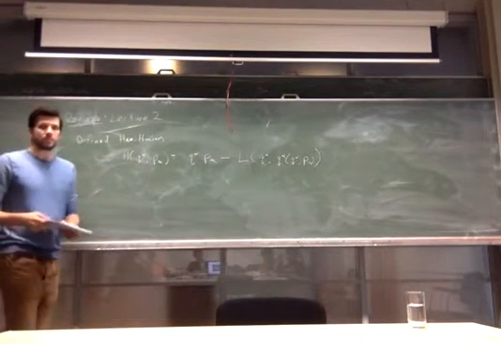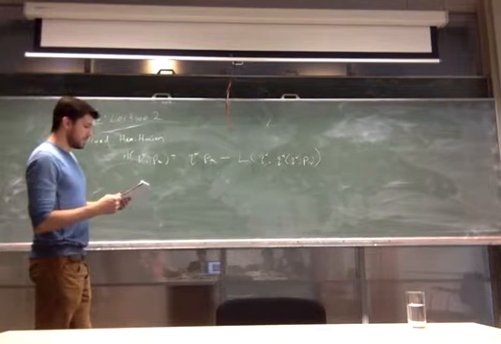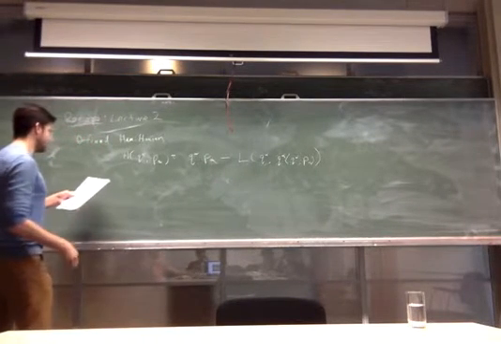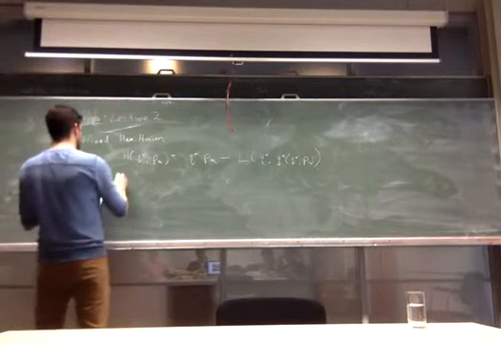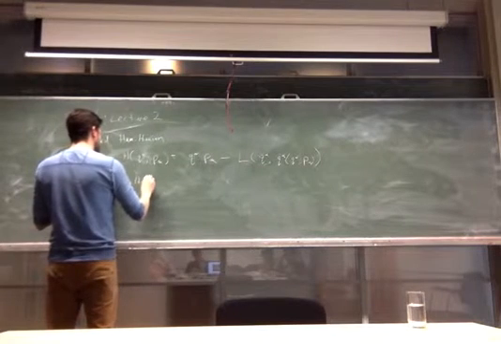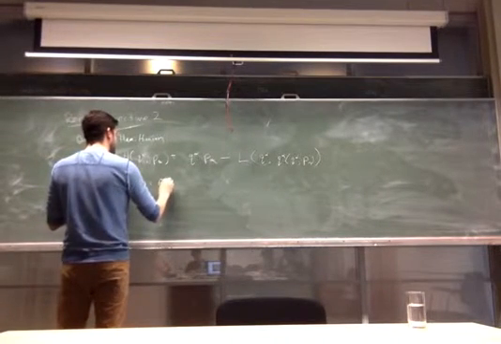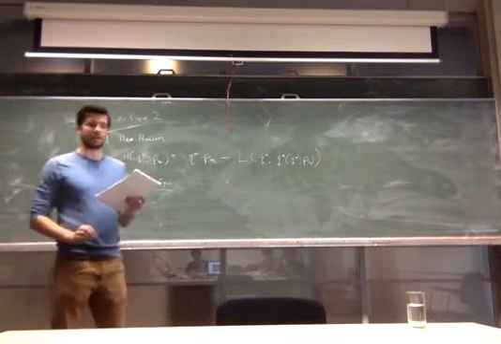Okay, so that's how we defined our Hamiltonian, and then we realized that you can rewrite the Euler-Lagrange equations in terms of Hamilton's equations, and we found it convenient to define this notion of Poisson bracket.